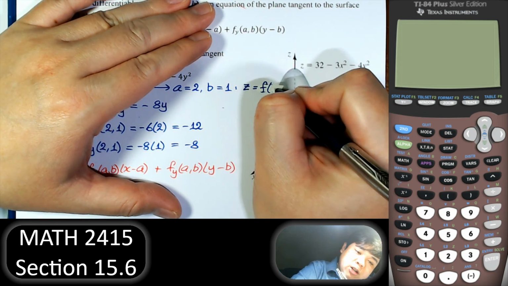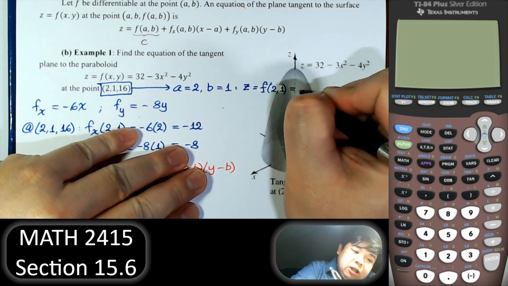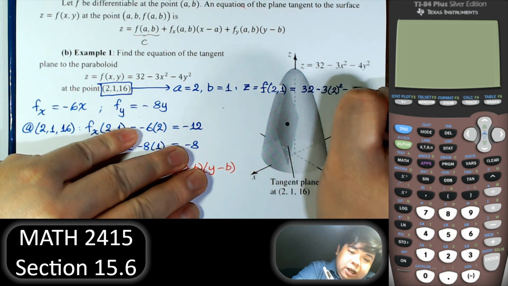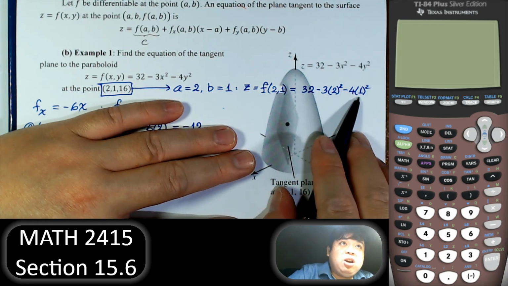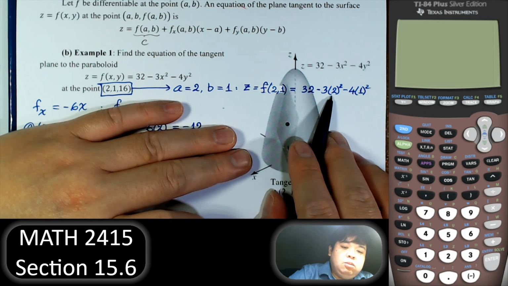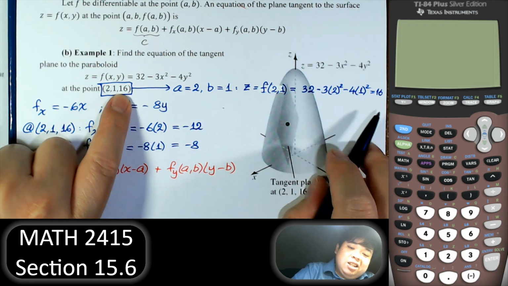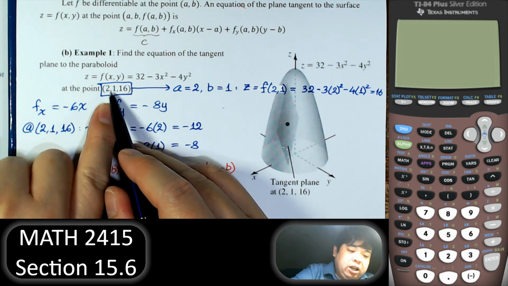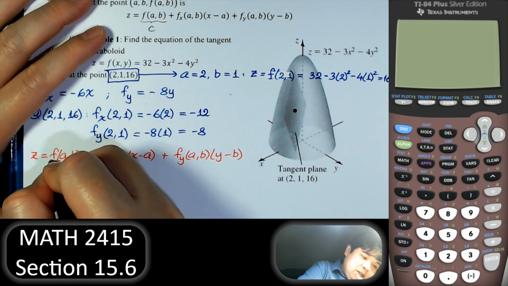z is equal to the function at (2, 1). So I put 2 in for x and 1 in for y. So 32 minus 12 minus 4. 32 minus 12 is 20, minus 4, so that's 16. So indeed, 16 is the value of the function at 2 and 1. So x, y, put those in, give us z. So we have 16 is this one.